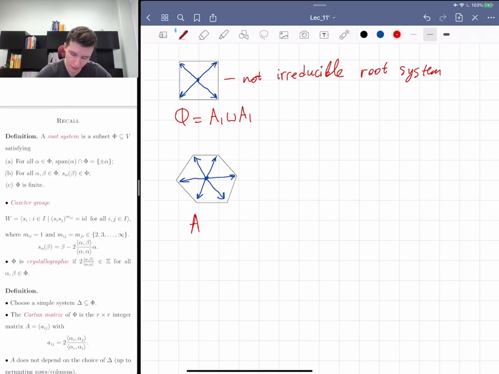But then the index here of any root system is always going to be the rank. So the subscript here is the rank. So that's always, in the plane, that's always 2.